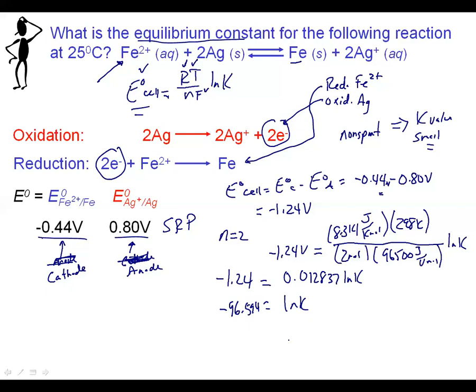We're going to take e to both sides, and that will get us a K value in this case of 1.1 times 10 to the minus 42. I would qualify that as a small value of K, which we would have expected based on the calculation of E of the cell in this particular case.